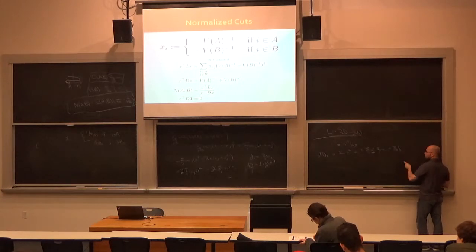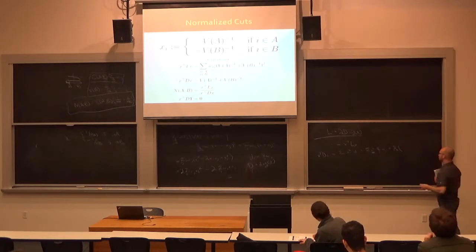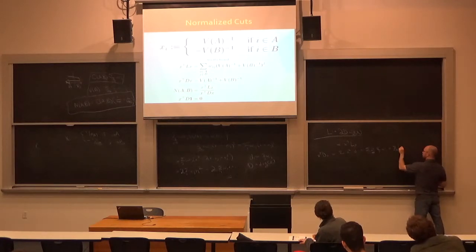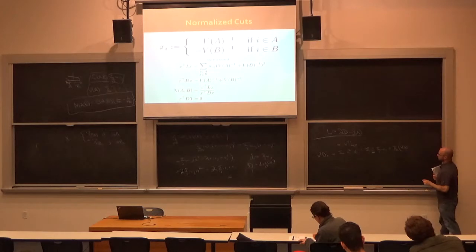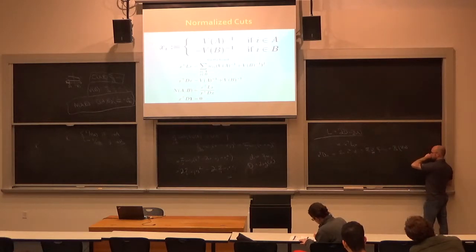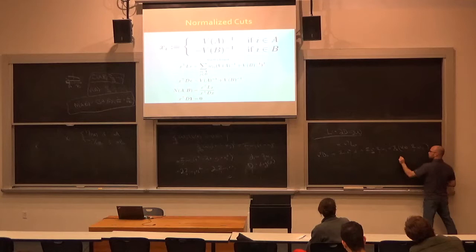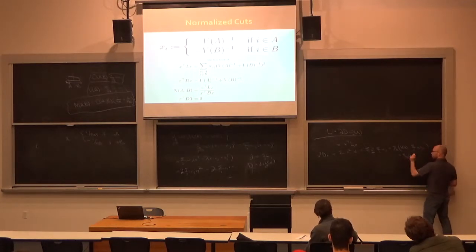Okay. And what is xi when i is in A? Well, remember our definition here. It's volume of A inverse, times the sum over j of w i j, plus the sum over i in B of what?